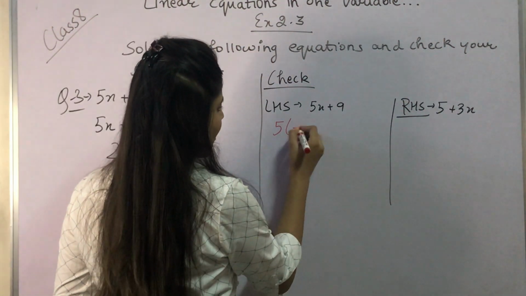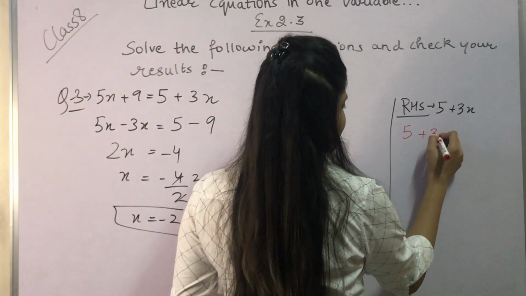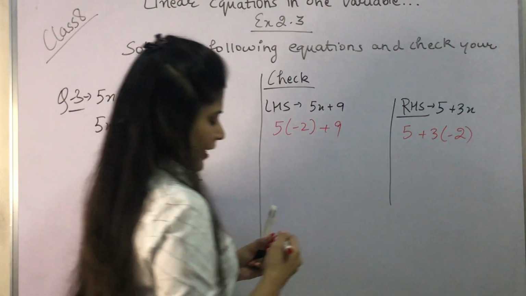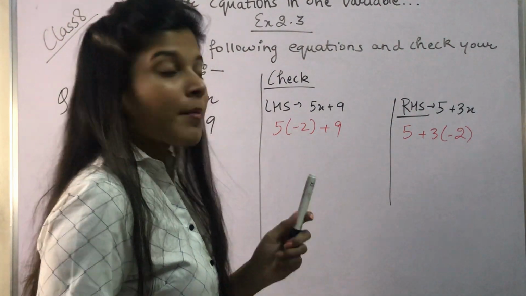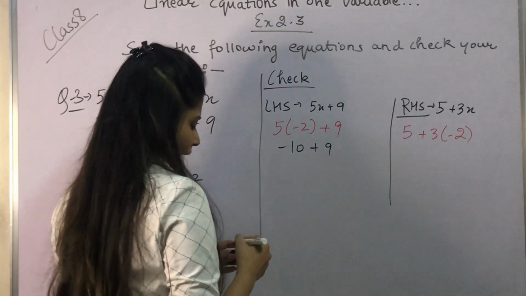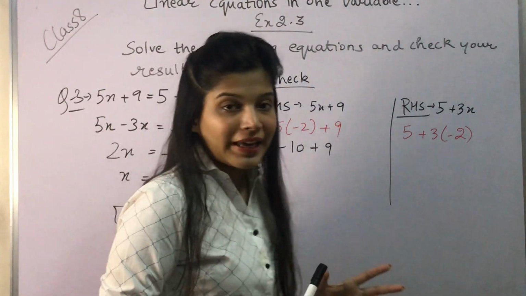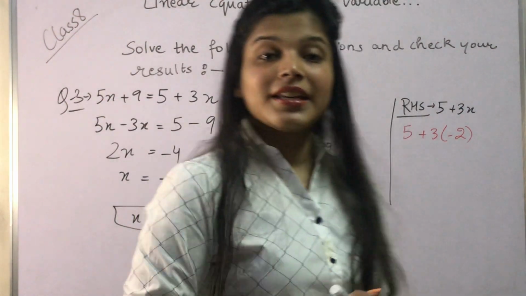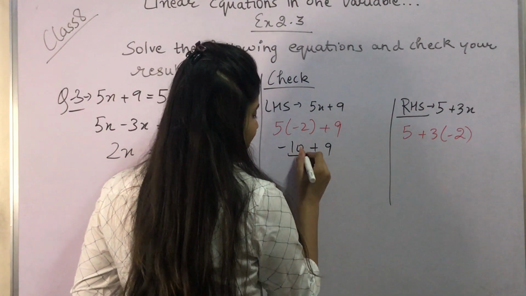So 5 times minus 2 plus 9 and 5 plus 3 into minus 2. So 5 into minus 2 is minus 10 plus 9. Alright. And minus 10 plus 9 is plus minus is minus, meaning 10 minus 9 is 1, and the sign of the bigger digit, which is 10.